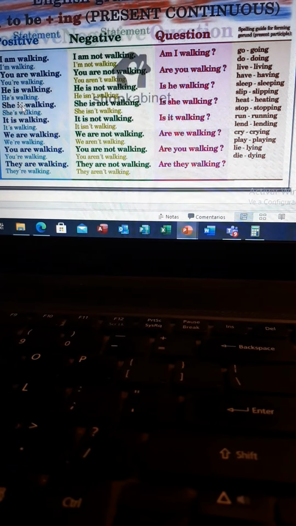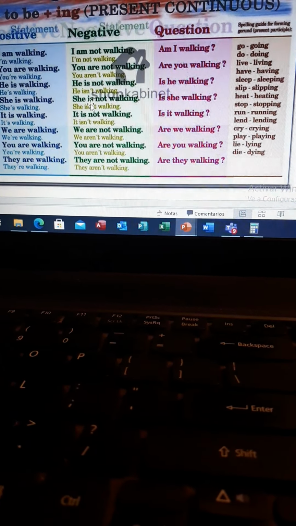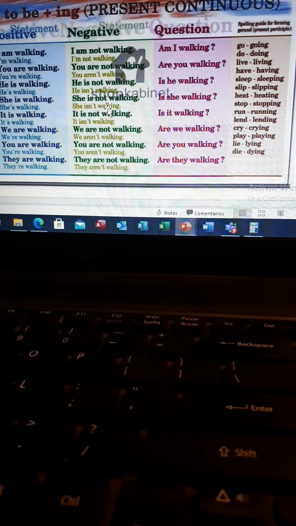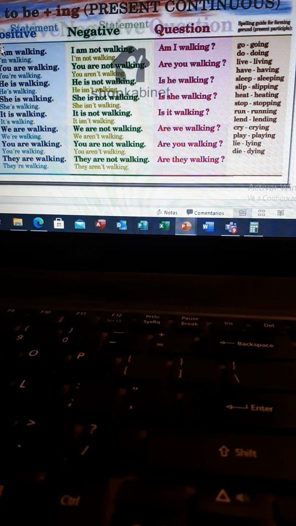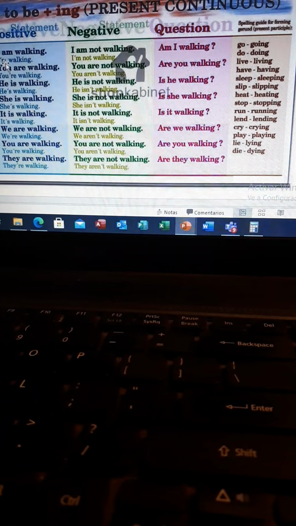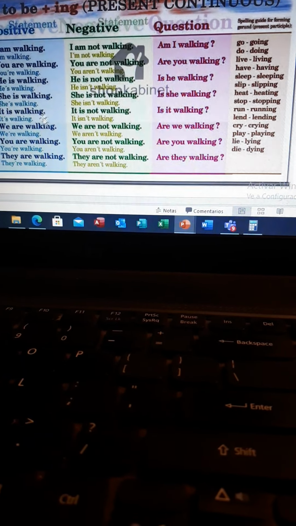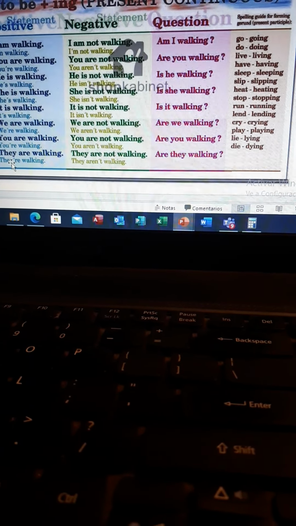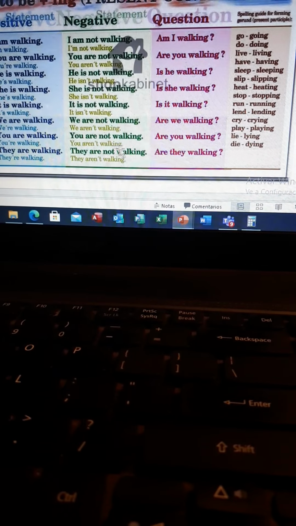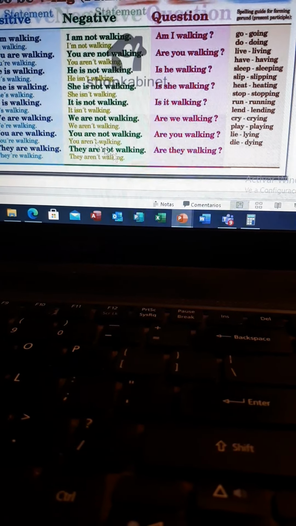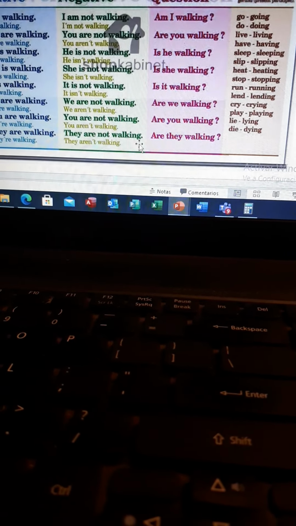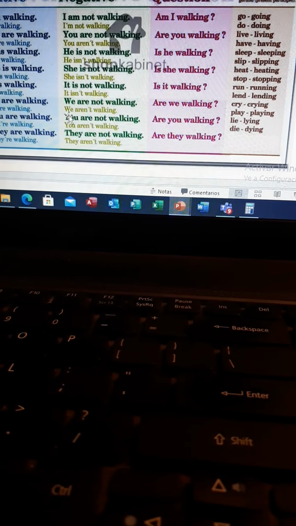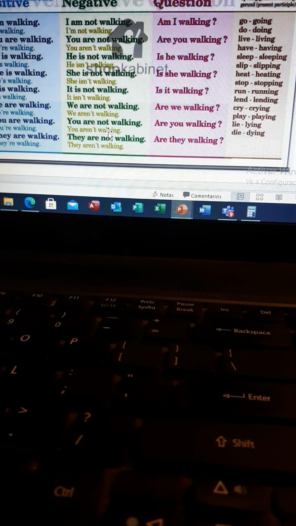For example, she is walking is the same as she's walking. She is not walking. She isn't walking. Okay? So for all the examples, you have full form, short form, in positive and negative. For example, they are walking, they're walking. They are not walking, they aren't walking. The same, positive, negative, full form, short form, okay?